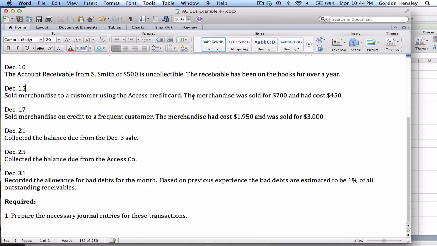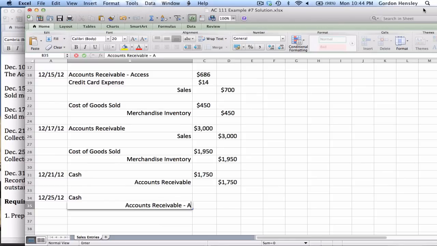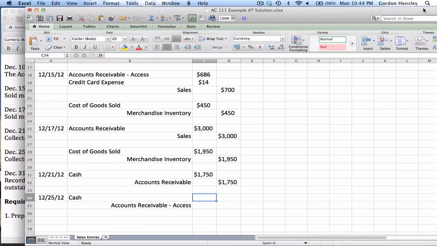Next transaction is on the 25th. We're going to collect the balance due from Access. So this is on the 25th. We're going to collect the cash. We're going to credit accounts receivable, Access. The only question here is how much. Well, we actually had a couple of instances where they owed us money.